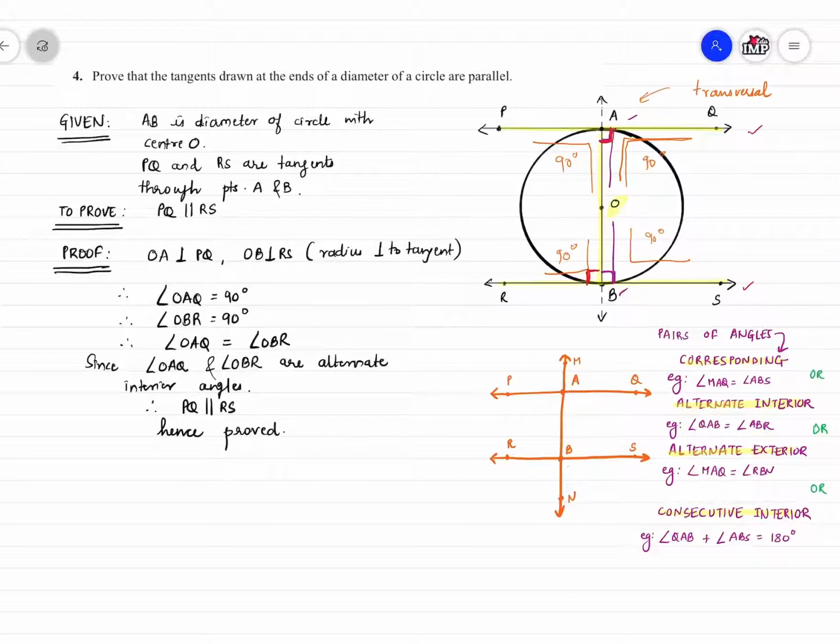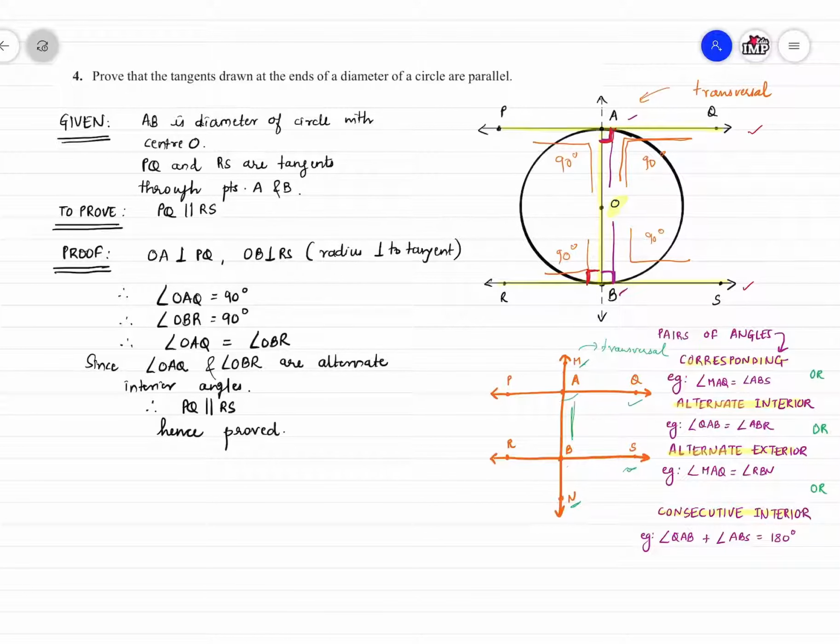Very quickly, I don't want to go through all the pairs again, but I would like to give an example of each one of them. Let's find a pair of corresponding angles. Just for convenience, I have made this diagram here again. PQ and RS are the actual tangents. AB is the diameter. I have just extended it so that I get a line and I have two points M and N. So the line MN is the transversal.